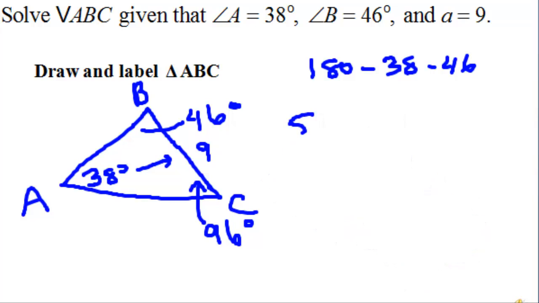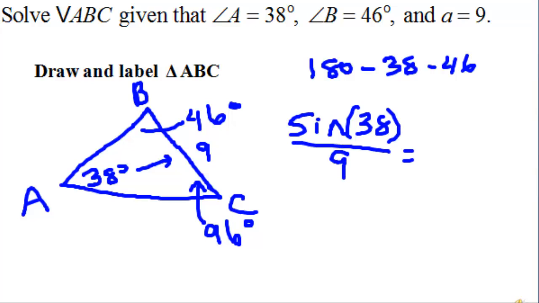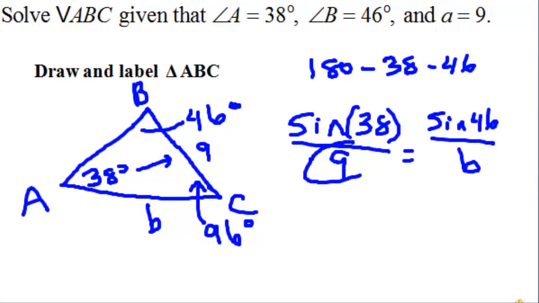We'll take the sine of 38 degrees and we'll divide by 9, and that will equal the sine of 46 divided by side b. With any ratio, multiply on the diagonal and divide by what's left over.